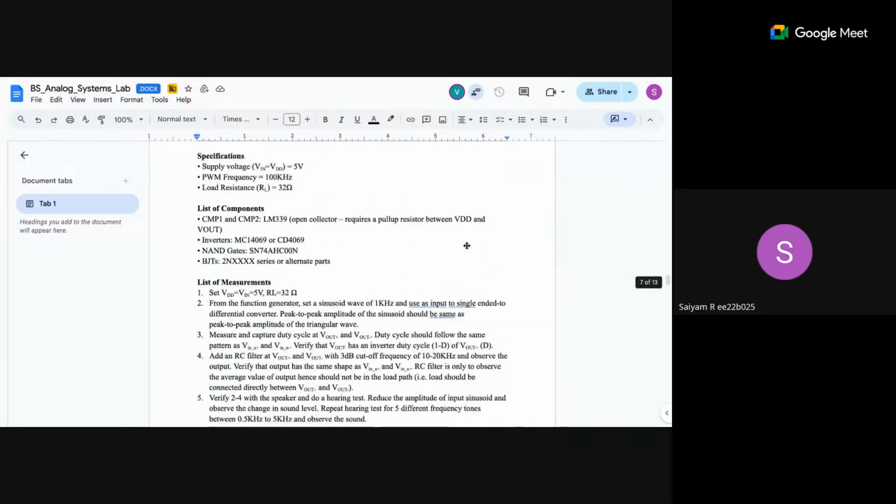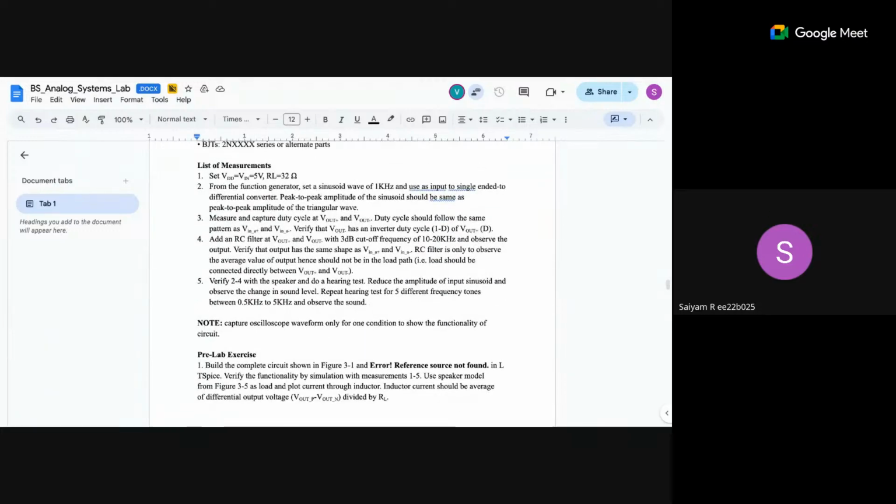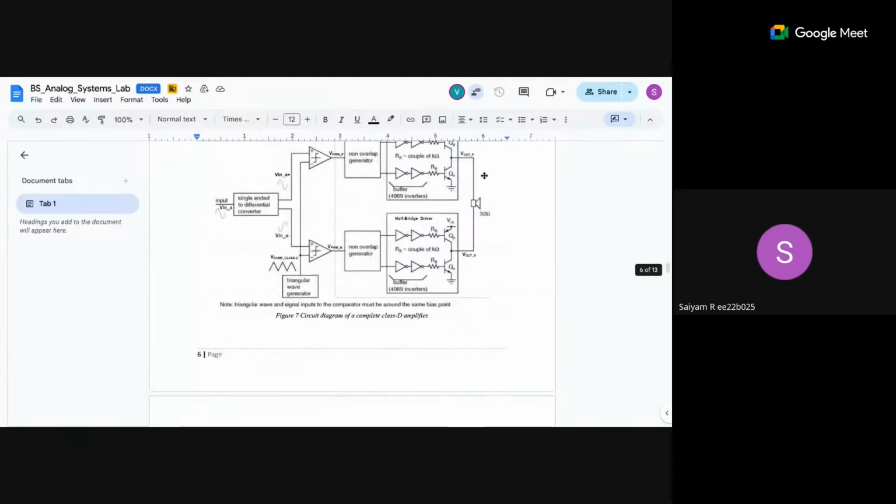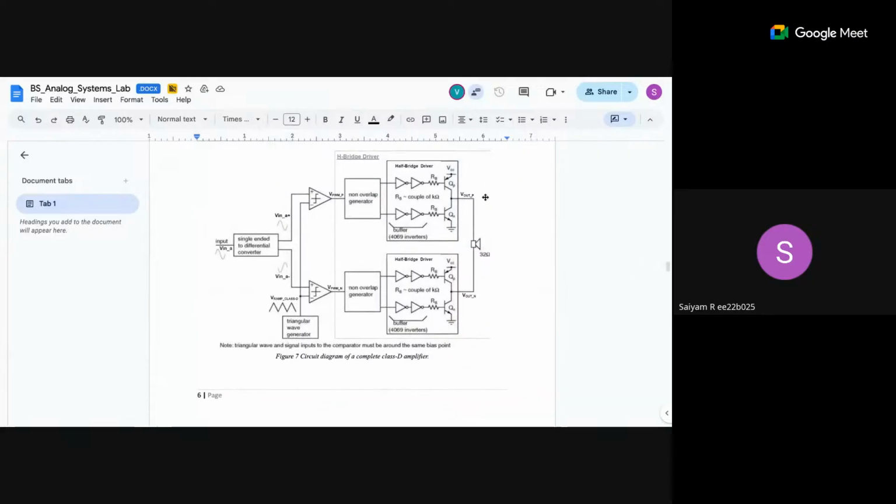And here you can add a low pass filter, and ideally you should get back this input if you add a low pass filter here.